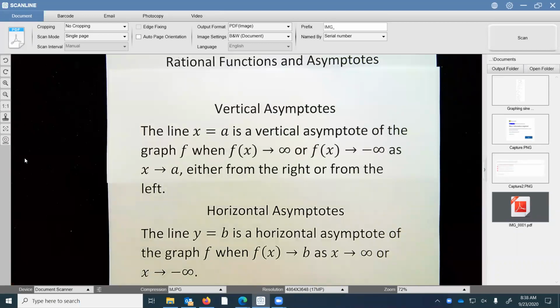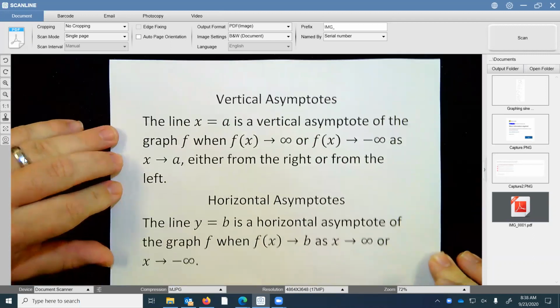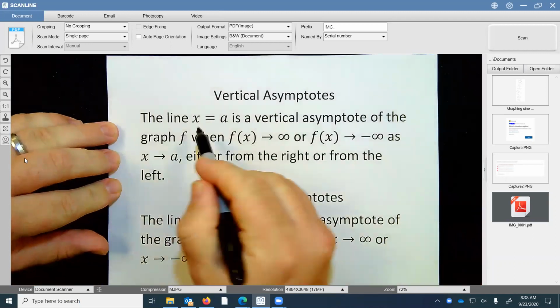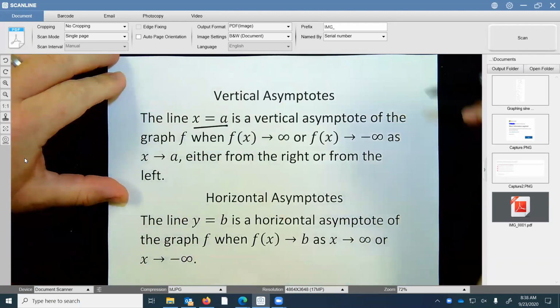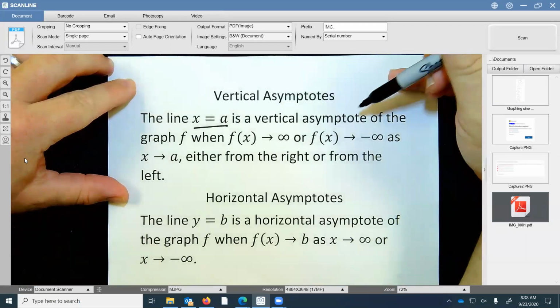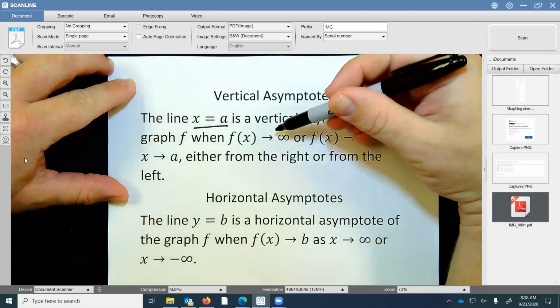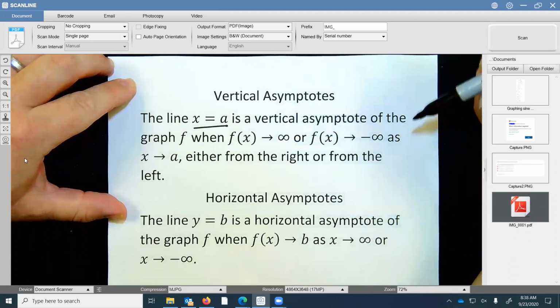Okay, so rational functions and asymptotes. Vertical asymptote: remember, all our vertical lines are in the form x equals a. It says it's a vertical asymptote of the graph of f when f of x approaches infinity or f of x approaches negative infinity as x approaches a.